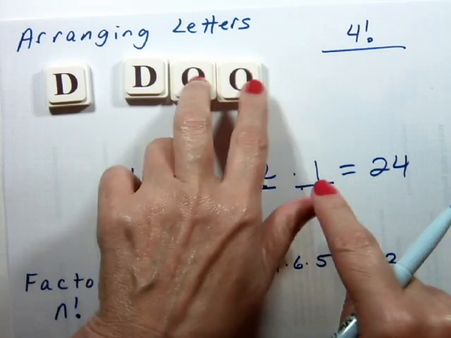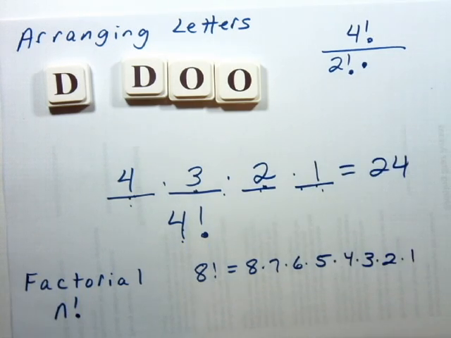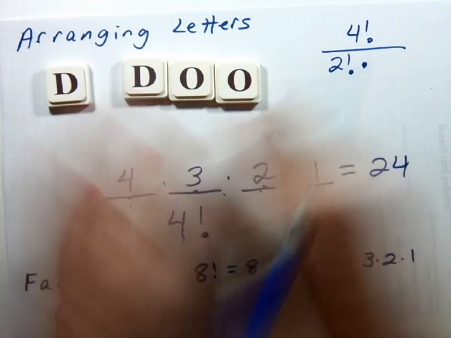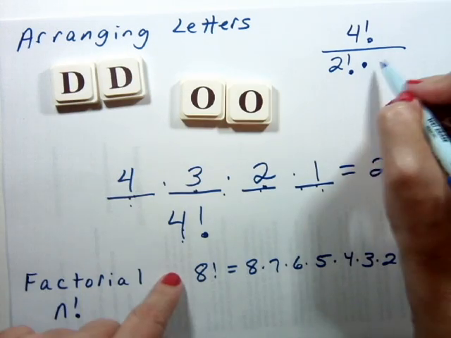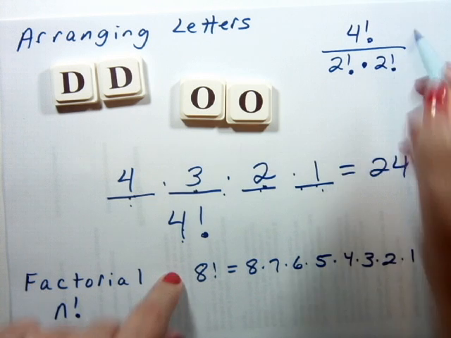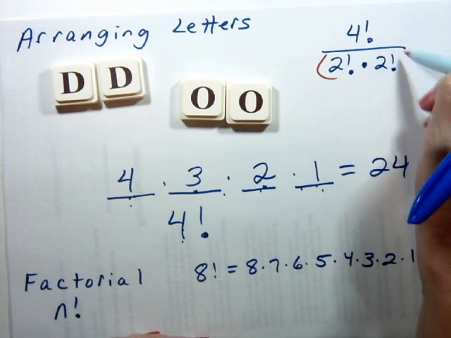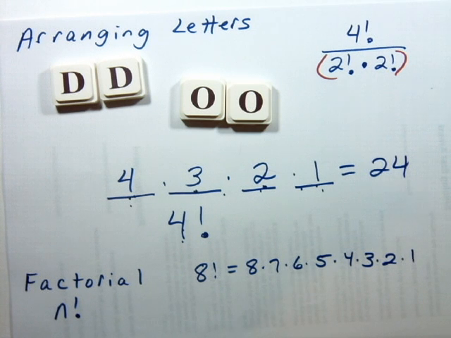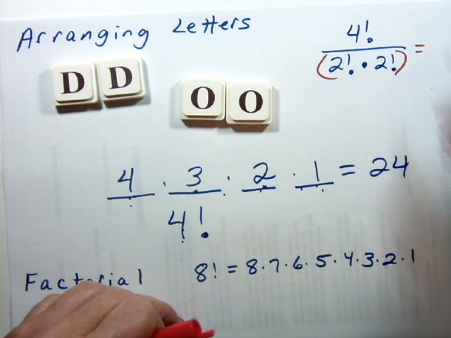Since I have 2 O's, I'm going to divide by 2 factorial, because there's actually this many ways I can arrange them alike, times there's 2 D's, so 2 factorial. Now again, remember these parentheses? Since I want that divided by the whole bottom, I would do this, which would actually give me, and you're going to do this on your calculator in practice, but whenever you do that, you get 6.